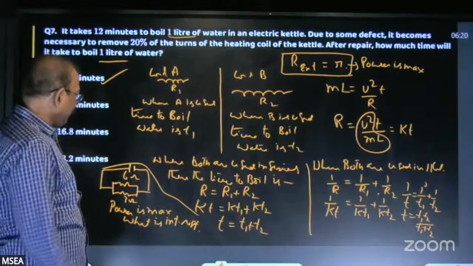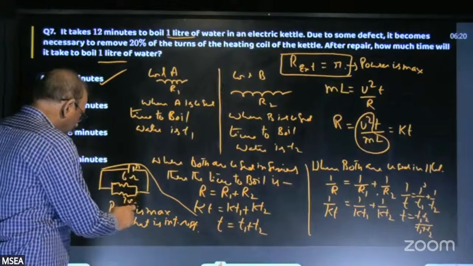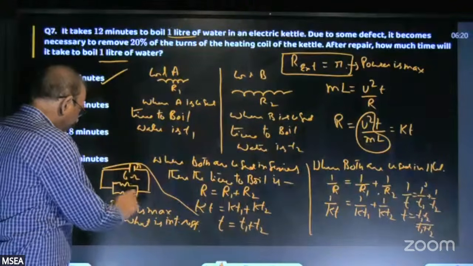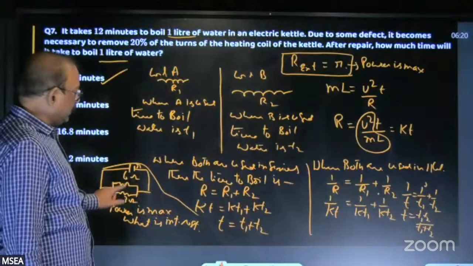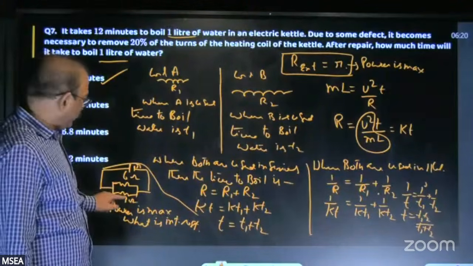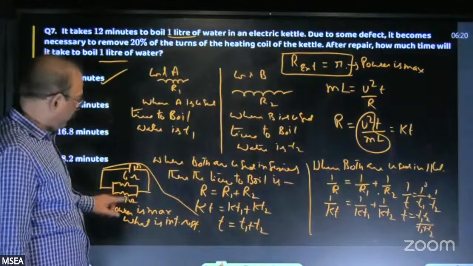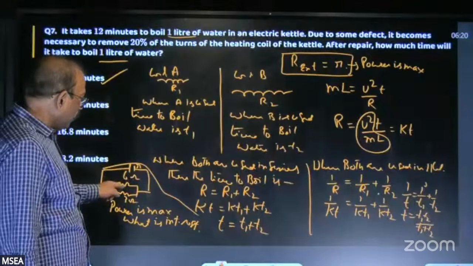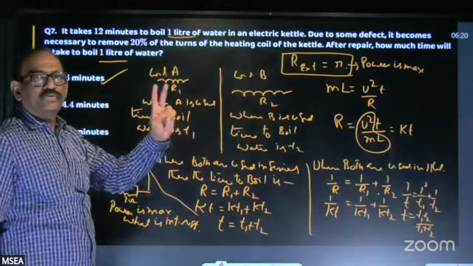They are asking. The internal resistance of this cell must be equal to the effective external resistance. In the external circuit, 6 and 3 are in parallel. Their effective value, R1 R2 by R1 plus R2, if you apply, 2 ohm you will get. External resistance 2, internal resistance also must be 2.